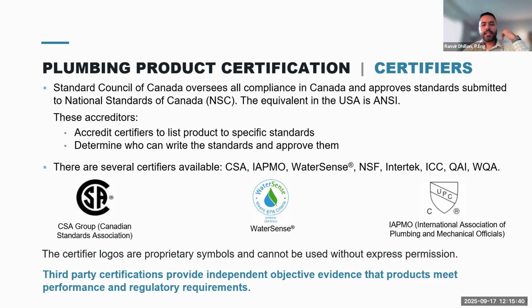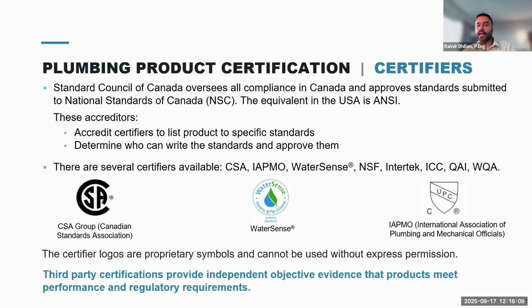Typically, CSA, WaterSense, and IAPMO certification will be a one-time deal. So it's usually done when a product combination is made. So you may have a product that's offered with 6 different flow rates. If 2 of those meet WaterSense, then those products with that specific flow rate will have the WaterSense applied. And as long as you don't make any changes with the product as a manufacturer going forward, it doesn't need to be recertified. However, there's a caveat.